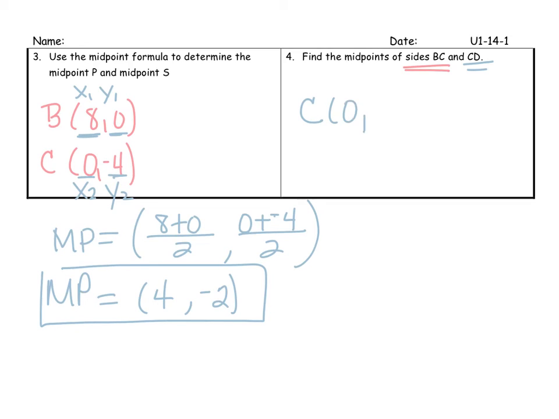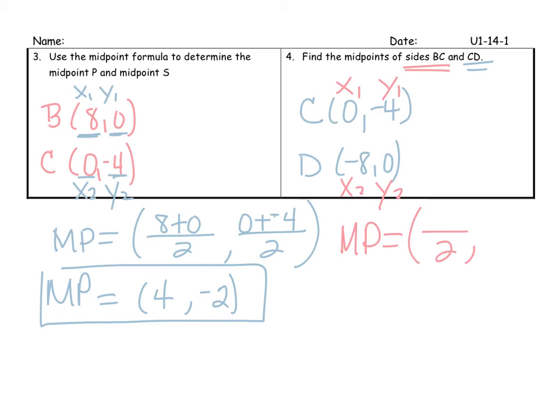Now we have to find the midpoint of side CD. Point C, once again, is 0, negative 4, and point D has coordinates of negative 8 and 0. I'm going to use this as my first point, my x1, y1. This is my second point, my x2 and y2. And again, the midpoint is just the average of my x's and the average of my y's.